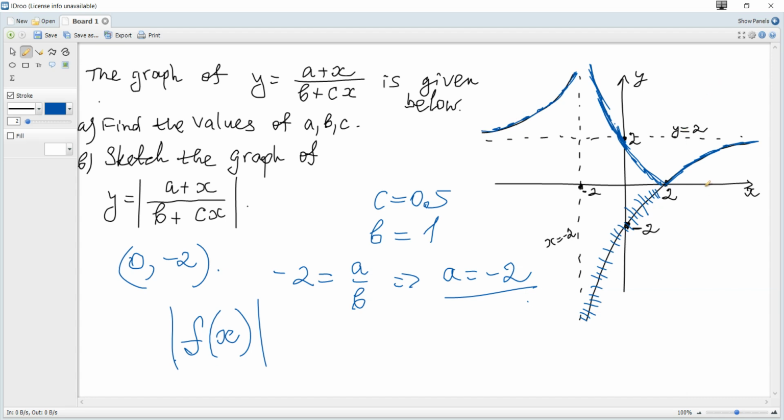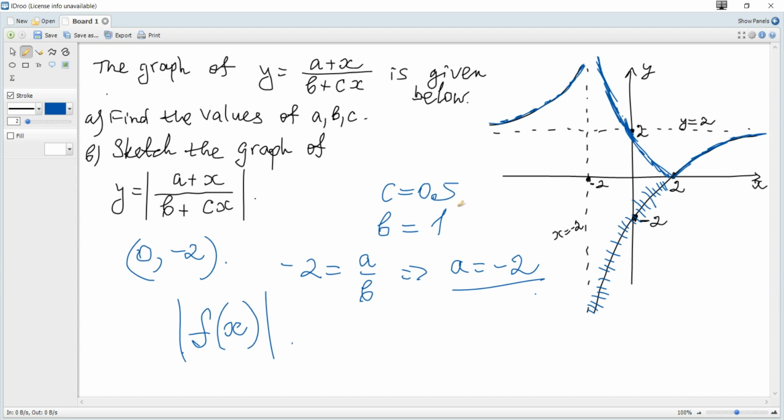So it's the required graph of the absolute value of f of x. And that's all for this question.